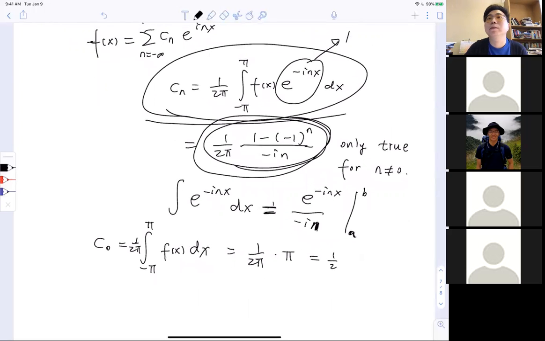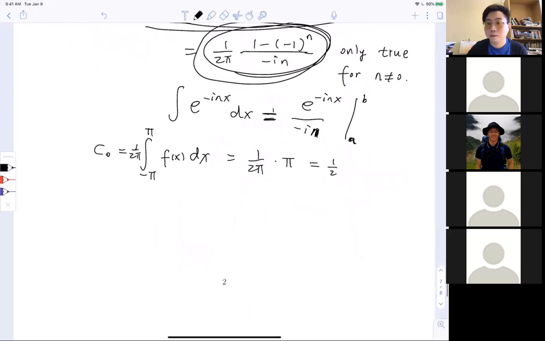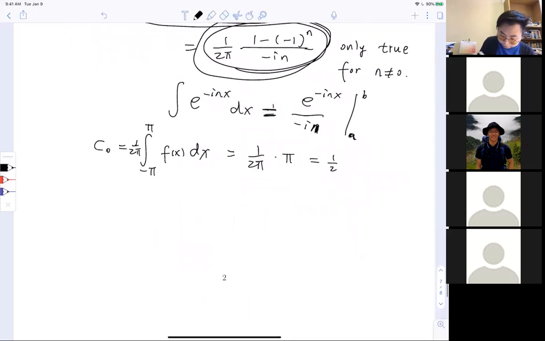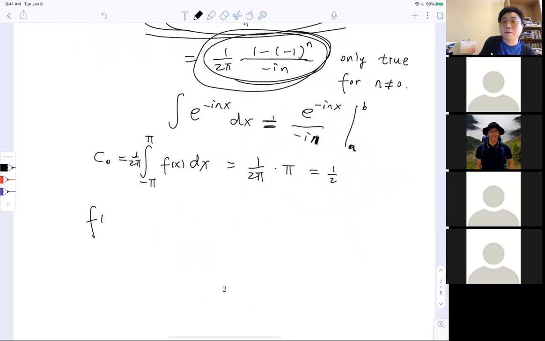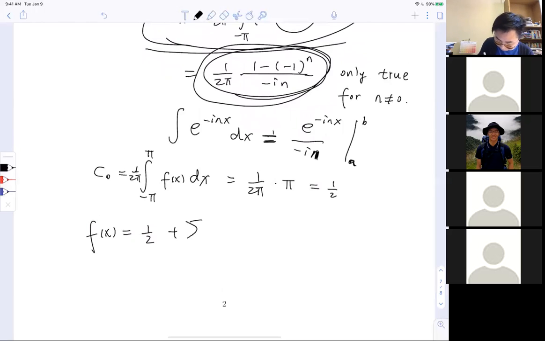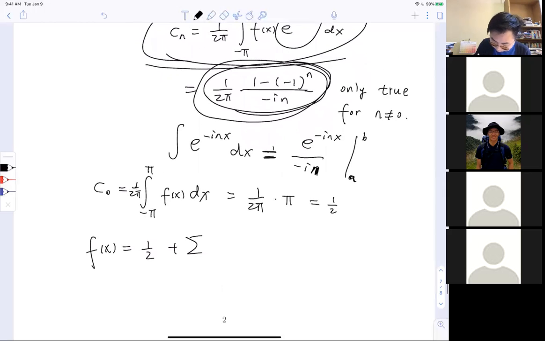Okay, so then you can write your f(x) in terms of this kind of sum over n not equal to 0, times e^{inx}.